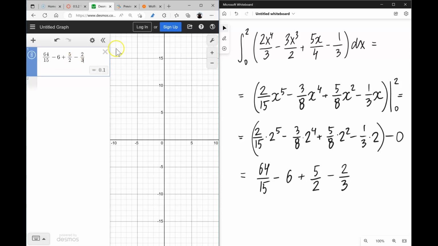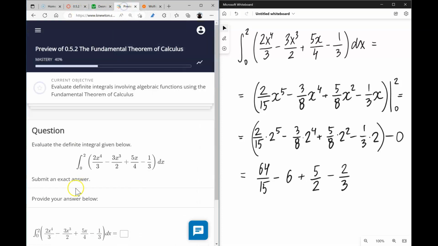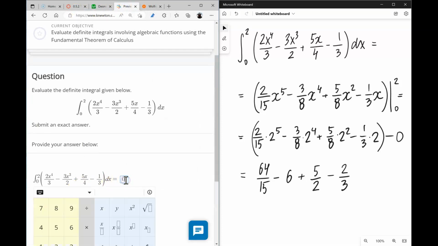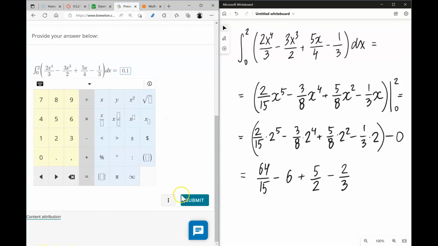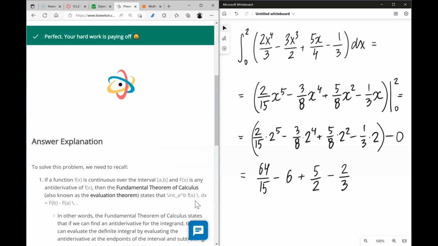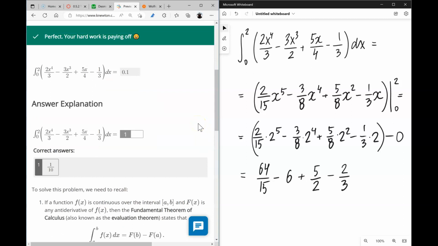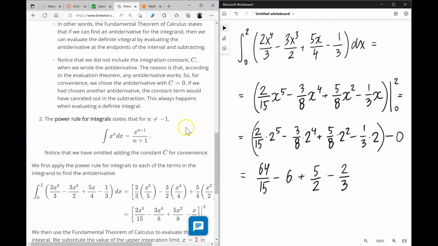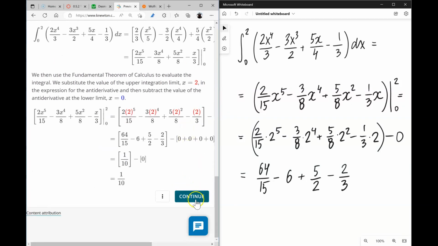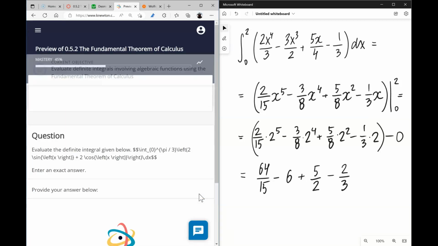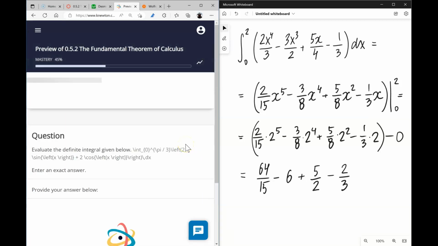Let's see what's the answer. Oh no, what a nice answer, 0.1. How much time we saved by using Desmos now instead of doing it by hand. That's the time that we can spend doing other things other than calculus.